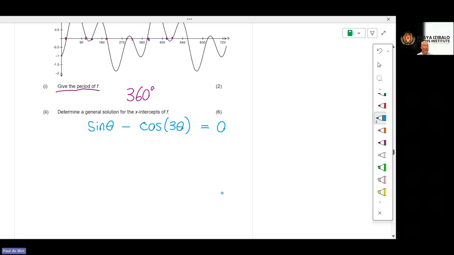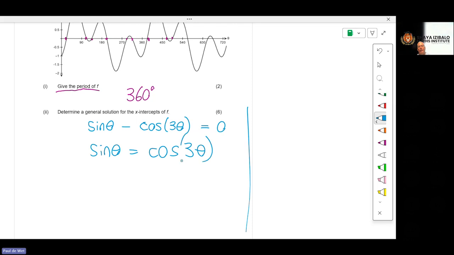Okay, guys, this is completely in the syllabus. The graph, that funny graph, maybe not so much, although it's a fair question, I think. How do we solve this equation? So we're trying to solve sin theta equals cos 3 theta.